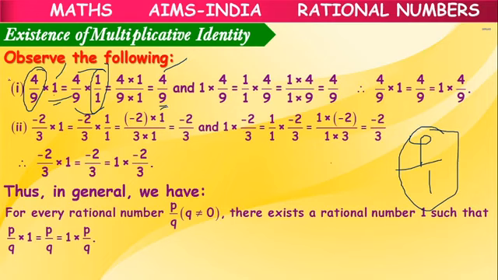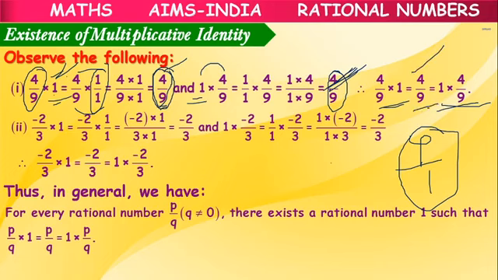So if a rational number is multiplied with 1, its identity does not change. It remains the same. Or if 1 is multiplied with any rational number, then the rational number will be the same. So here 4/9 into 1 or 1 into 4/9, both result in the same rational number which we have taken, that is 4/9.